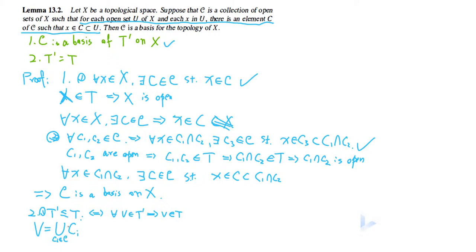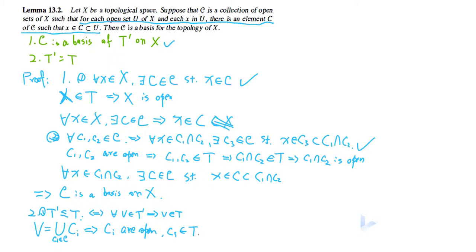And then we know that the collection C, or the basis C, is a collection of open sets of X. So it means the Ci are open, and it also means the Ci are from T. So we can have this.